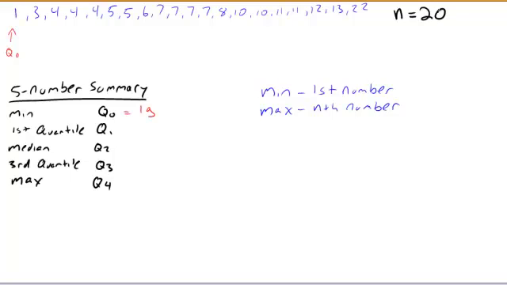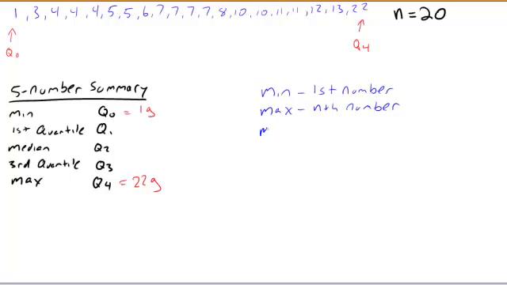And that comes into play a lot when we're doing statistics. So my nth number is my last one, quartile 4. So this equals 22 grams of sugar.